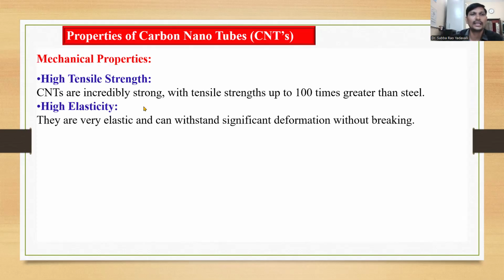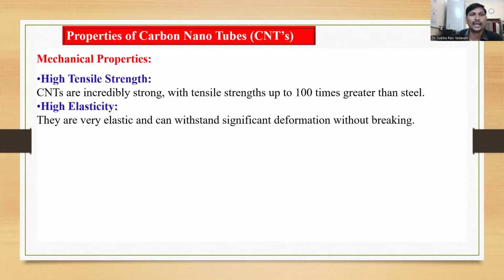Next one, high elasticity. Elasticity means when we apply an external force, the material elongates with respect to the force. After removing the external force, the material regains its original shape and properties. This property is called the elastic property.